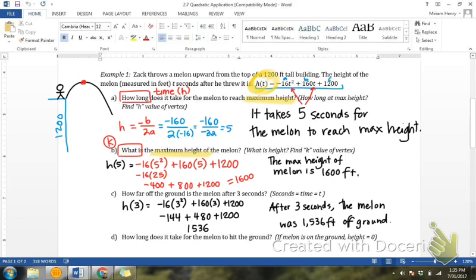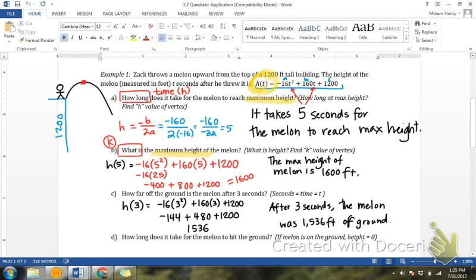Okay, letter D. How long does it take for the melon to hit the ground? So there are 3 types of questions you're going to get. You're going to get how long for the maximum height, how tall is the maximum height, and how tall it is or how long it takes for it to hit the ground. If the melon is on the ground, what is the height of the melon? 0.